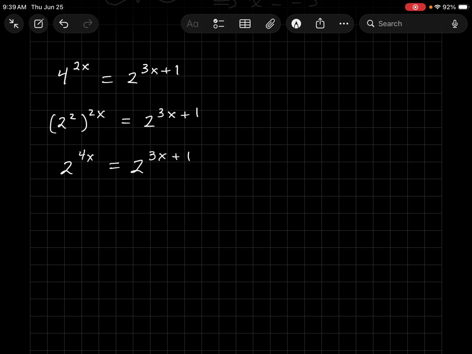Notice that I have reduced the expression down so that the expression on the left is a base 2 and the expression on the right is also a base 2. So if 2 to the 4x equals 2 to the 3x plus 1, well then the powers must be equal. That is, 4x must equal 3x plus 1. And then solving, we get x equals 1.